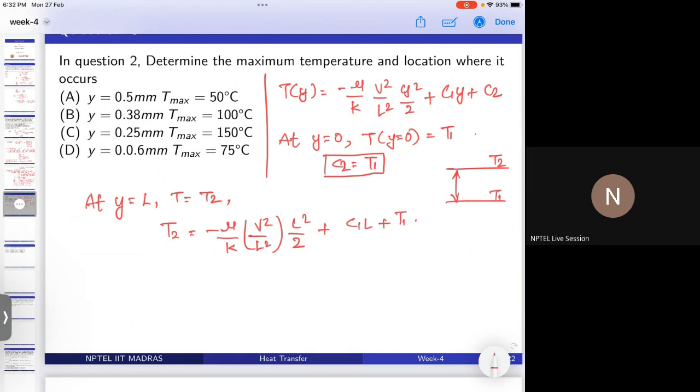Okay. So what is C1? C1 is T2 minus T1 by L plus mu by K V square by 2. So if you divide throughout by L, you get C1. Am I right?